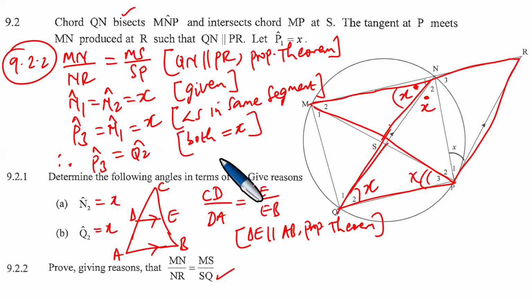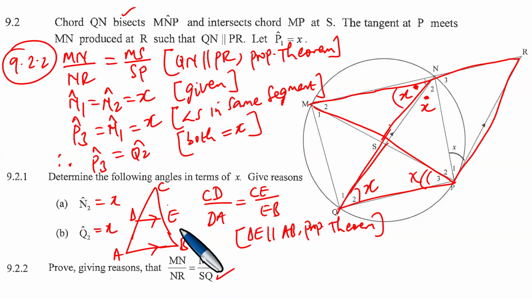Why is the angle P3 equal to Q2? They are both equal to x. This one is x and that one is x. So that's why they're equal to each other, these angles. Okay. And then now, because this one is equal to this one, we come back and look at what we have. From the proportionality theorem, the examiner wants us to prove that we have MN over NR, then we have MS in the numerator.